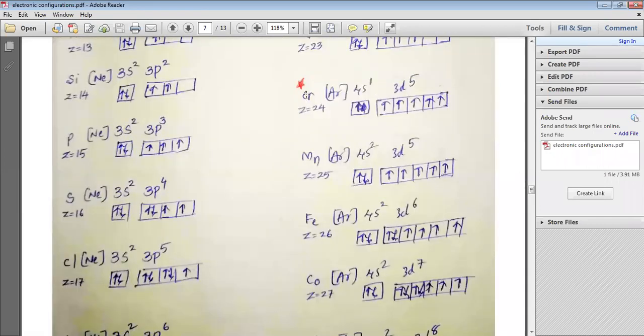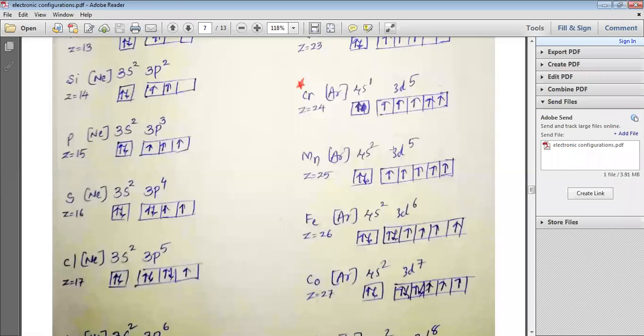In manganese also, we have 3d5, because this 3d5 configuration is considered more stable, and this is how we study the stability of electronic configuration.